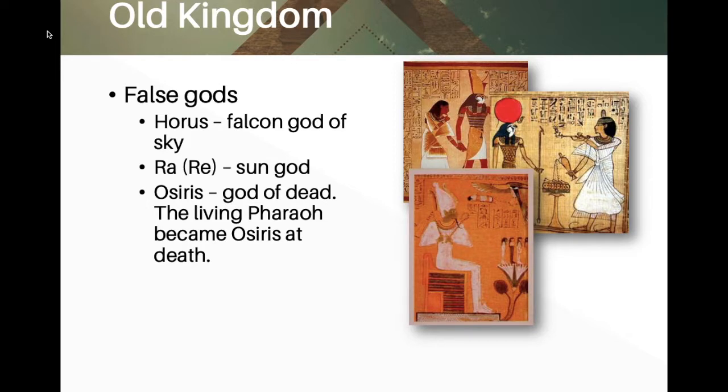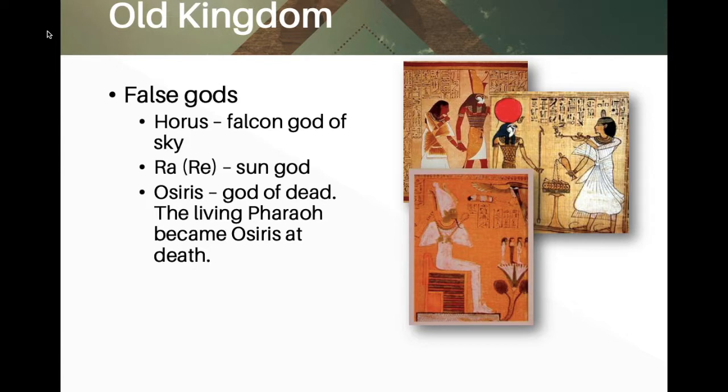Osiris was the father of the god Horus, the sky god, the falcon god of the sky we see at the top of the screen. So the Egyptians believed that Pharaoh would turn into Osiris, the father of Horus.